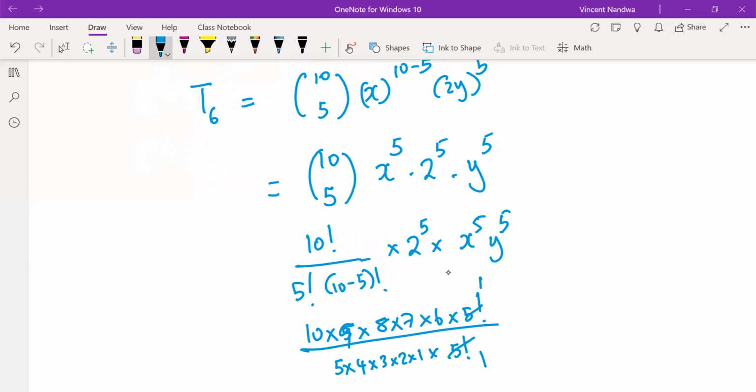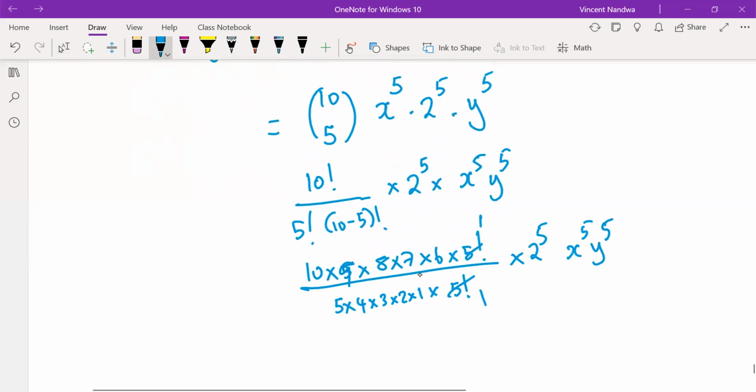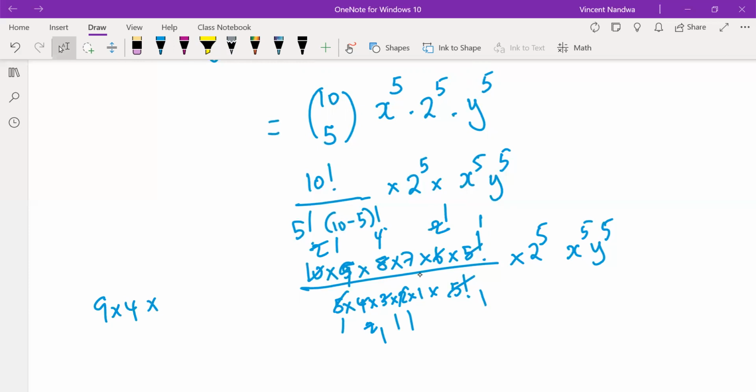The 5 factorials cancel out. Simplifying, we have 9 times 4 times 7, so 36 times 7, which is 252.